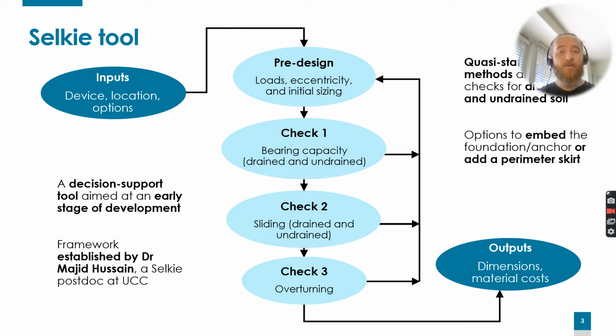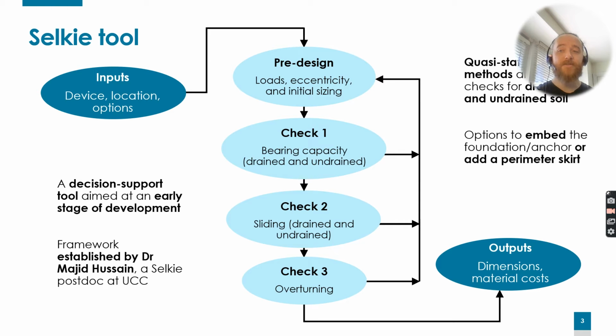The key differences will be the form of the selkie tool, so it's going to be a standalone Python code, and the fact that it has design checks for drained and undrained soil conditions to try and capture both short-term and long-term behavior, as well as options to embed the foundation or use a perimeter skirt to provide greater lateral resistance.